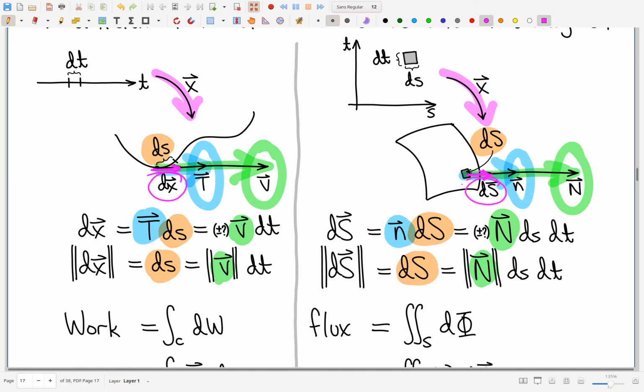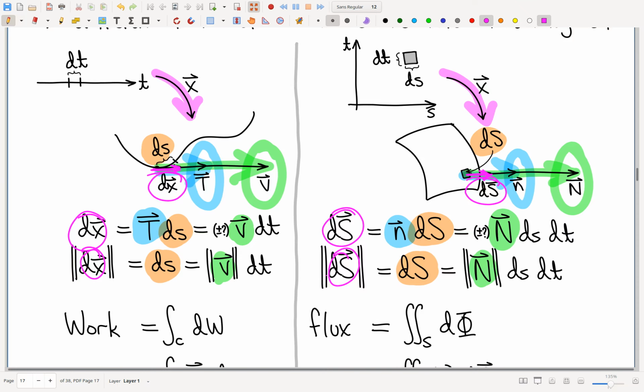This is a single vector that represents both the size and orientation of this little piece of curve. This dS vector is a single vector representing both the size and orientation of this piece of surface. Very analogous in those descriptions, and again, very analogous in how they show up in these equations. So that is really surprising.